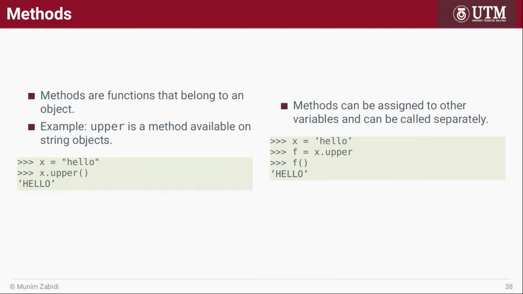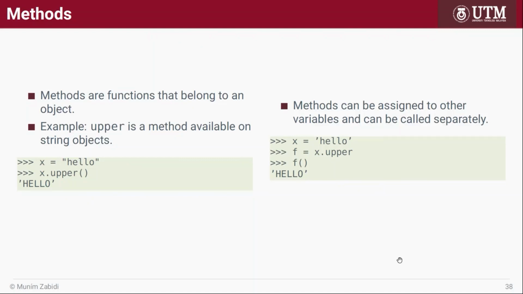In string processing, it is quite usual for us to convert a string to uppercase or lowercase or whatever. But in Python, because a string is considered an object, you cannot use the normal function style.